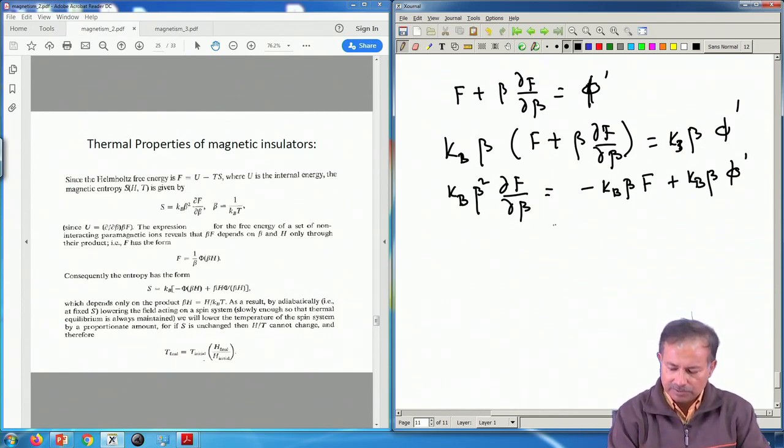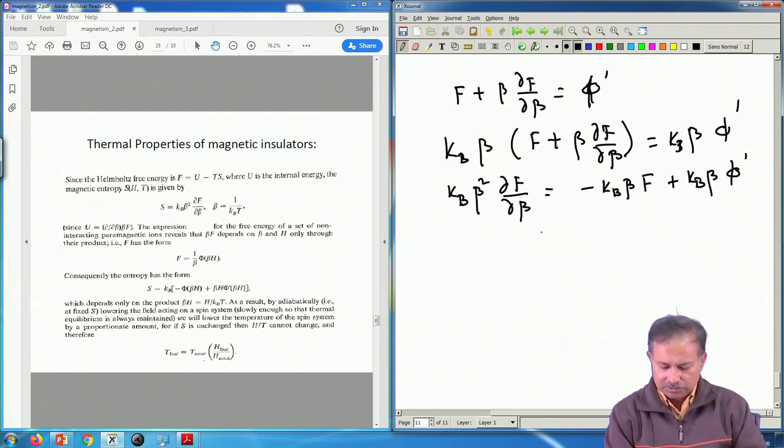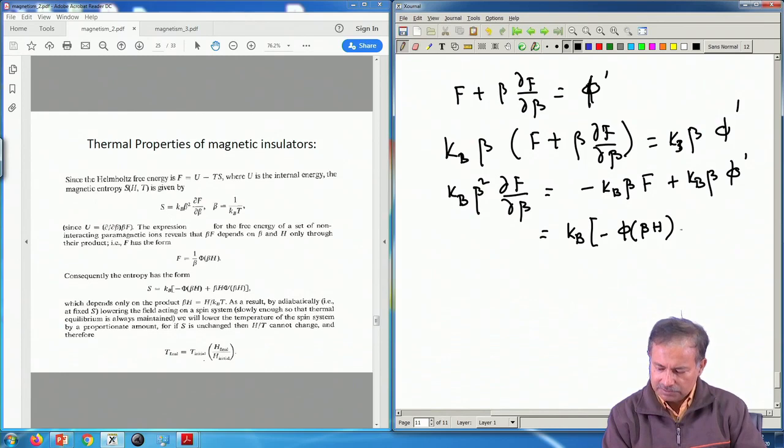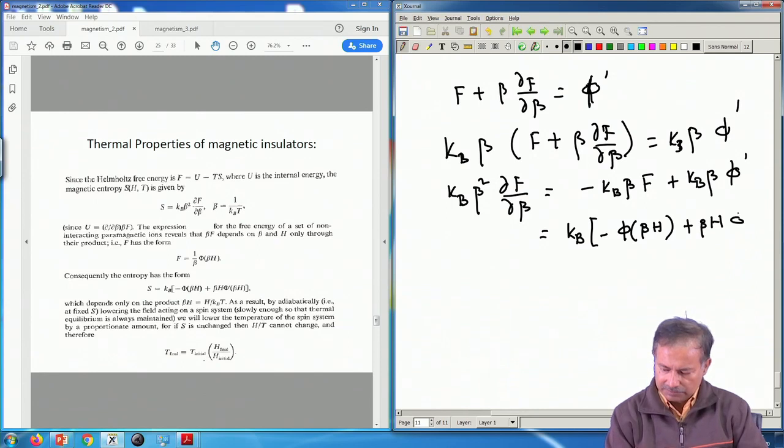Now, f is 1 by beta phi of beta h, so that will cancel my beta here, and the result that I will get is k b into minus phi of beta h plus beta h phi prime.